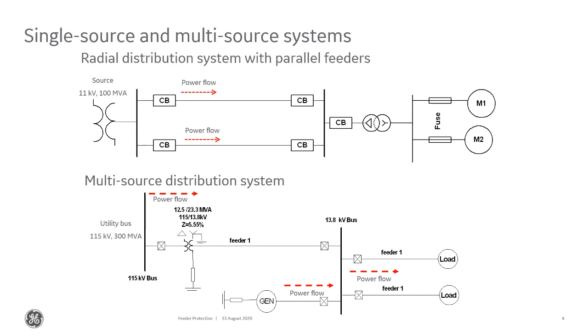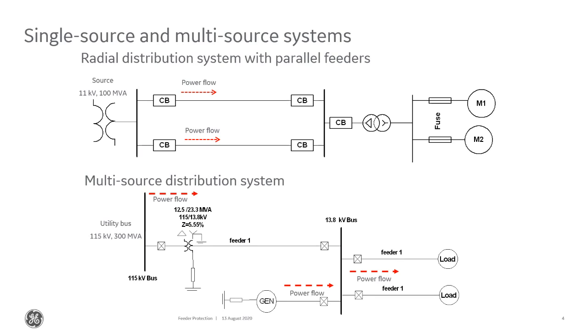So this is what I mean, for example, by a multi-source system. Say you have a generator within this 13.8 kV industrial facility. We have a utility feed that comes in, and then we also have a generator, a cogen or something, to supplement the power that is being imported from the utility.